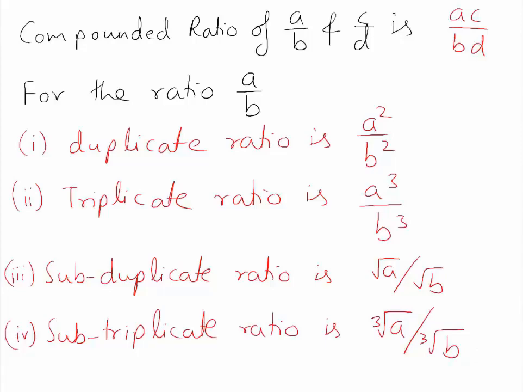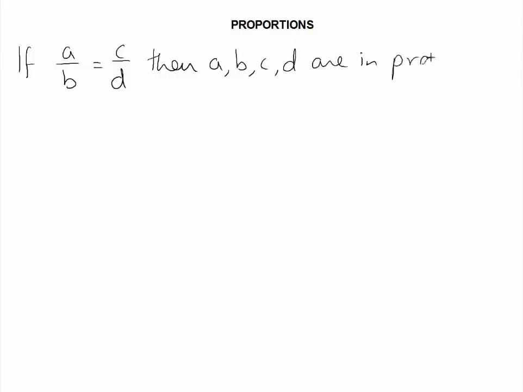Now let's move to the next topic, which is proportions. If A by B equals C by D, then we say A, B, C and D are in proportion. We also say A, B, C, D are proportional.